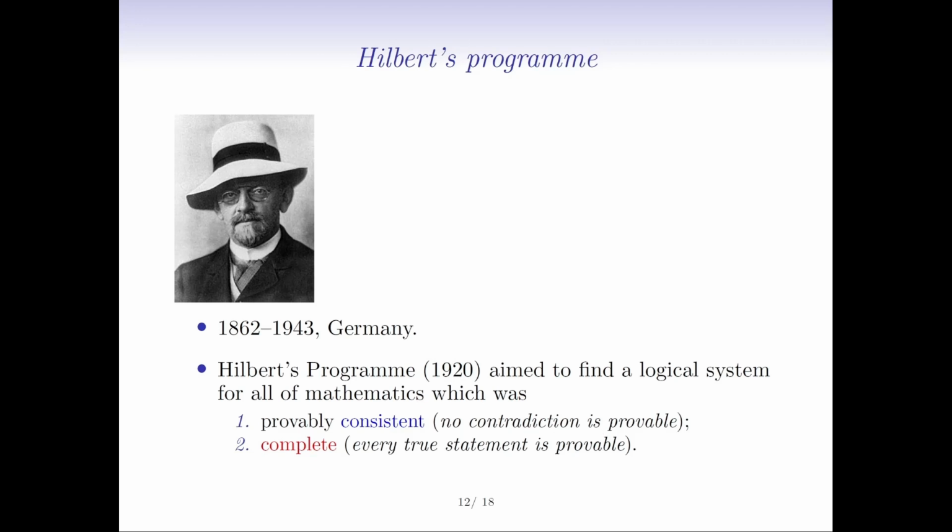Complete in the sense that every true statement in the logic should be provable. So it's an entirely laudable aim, and one that was unfortunately turned on its head by mathematical logic's second and perhaps greatest oh no moment.